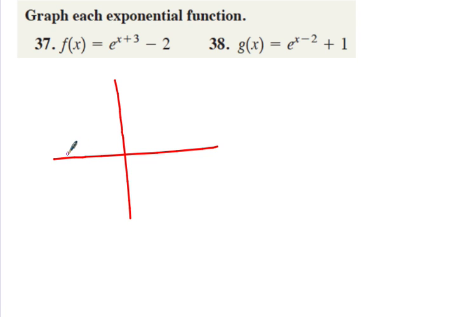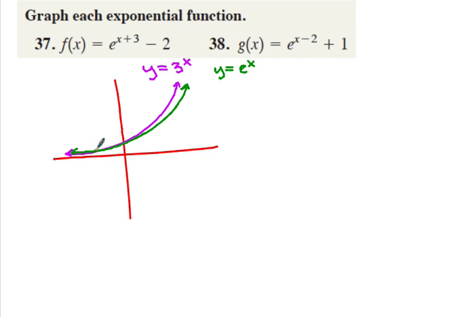Good. So let's say this is our y equals 3 to the x that we just graphed. Okay? And then let's say that this is e to the x, something like that. Okay? It won't get as small as fast, and it won't get as big as fast.